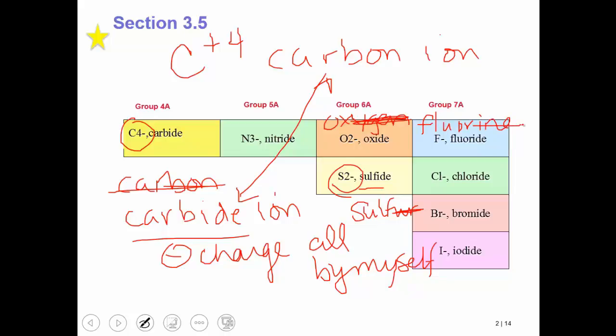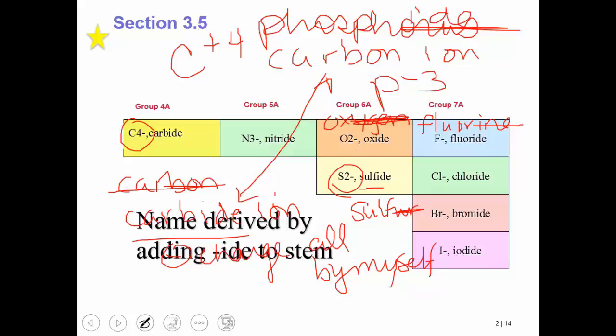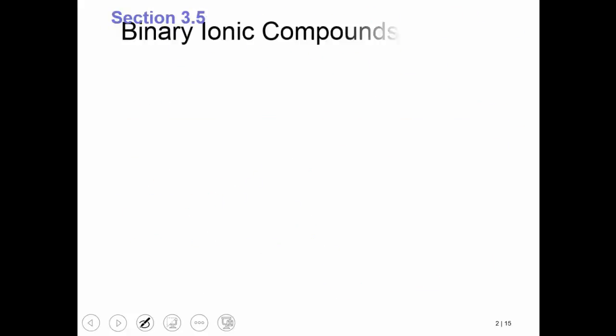So chloride, bromide, iodide. And these are just some of them you'll just have to practice, like phosphorus. So if we have P-3, we're going to take orus out, and it's called the phosphide ion, okay?